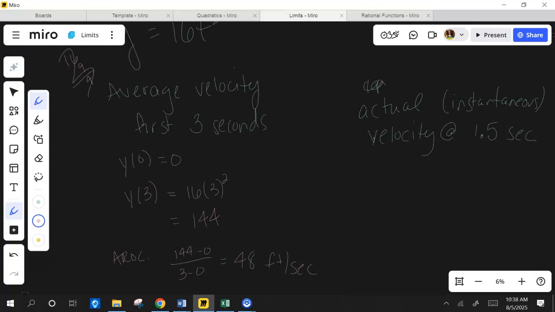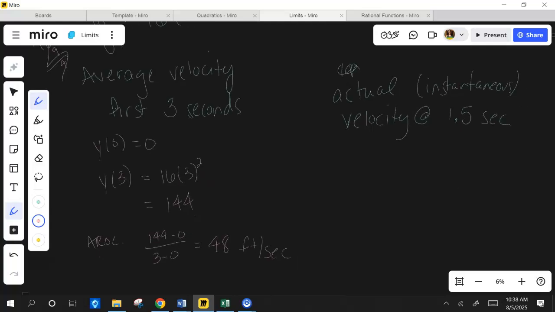You're using that equation. It's still the slope equation, but the difference is I've got that change, that H in there. Instead of averaging from 0 to 3 like I did, here's my rock falling, and I went from 0 to 3 and I averaged that together.